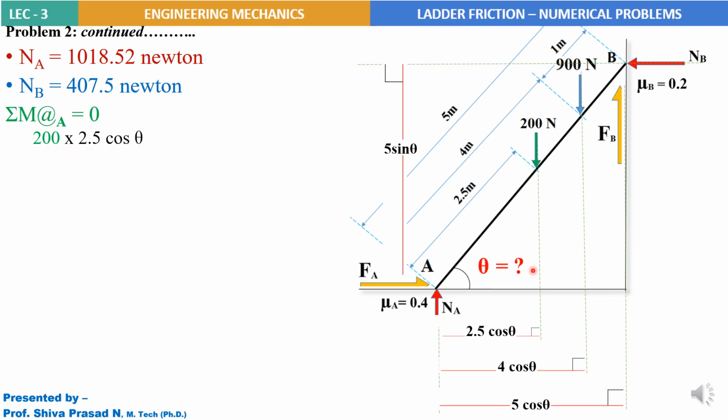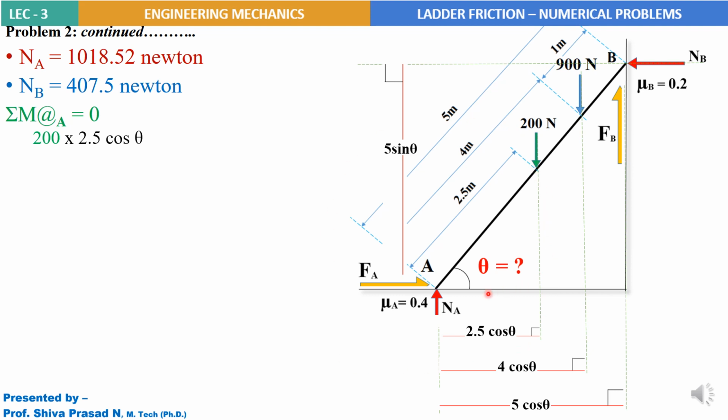First force about A, 200 is the magnitude of the force and the perpendicular distance is 2.5 cos theta. So that is what I am going to write here, 200 into 2.5 cos theta. Why plus? Because if you move 200 along its direction about the point A, it will create clockwise rotation.